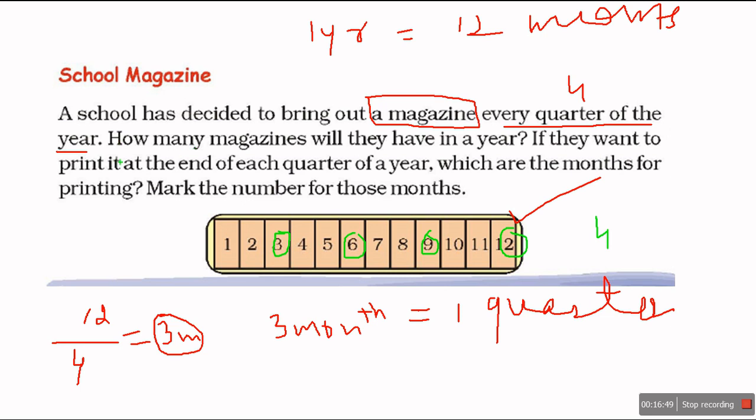If they want to print it at the end of each quarter of a year, which are the months for the printing? So the first magazine will come in the third month, which is March. Second will come in the 6th month, June.